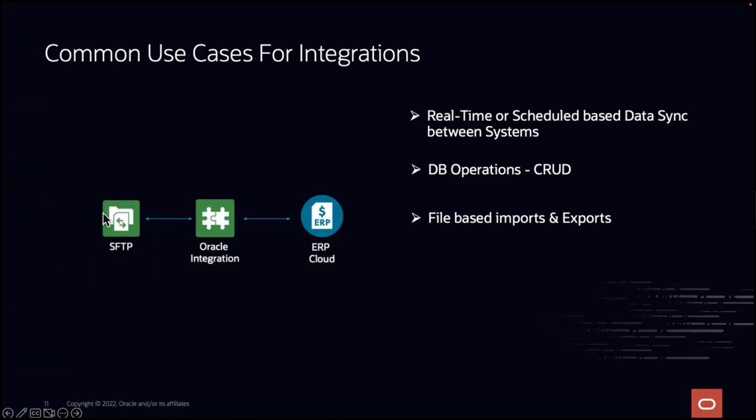You can use the OIC file server and have your third-party systems push some files, CSV or XML files, onto the SFTP. Oracle Integration can then pick up those files, create the format that the ERP would accept, and push it to the ERP so that the ERP can consume those files.